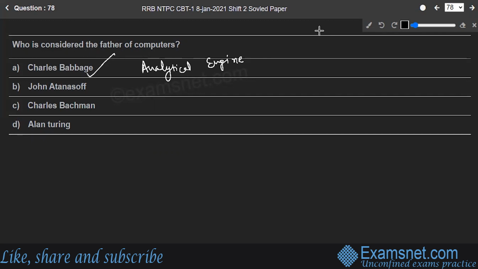In 1837, the analytical engine contained an arithmetic logic unit, that is ALU, basic flow control, and integrated memory. Hailed as the first general purpose computer concept.